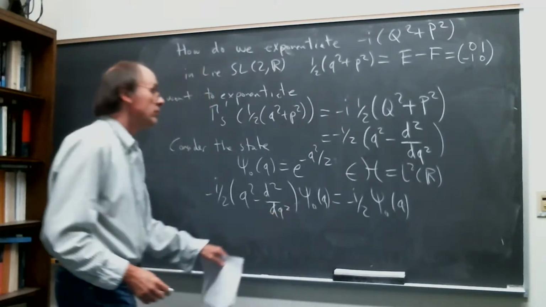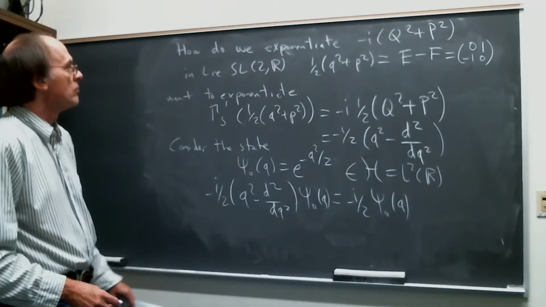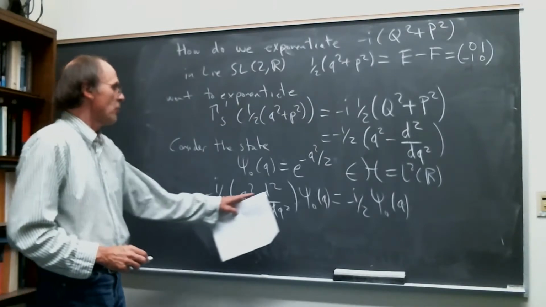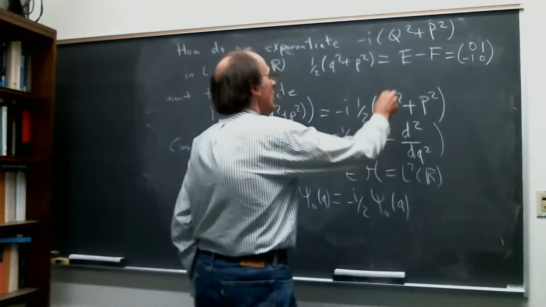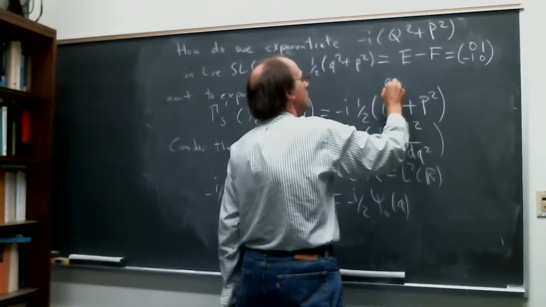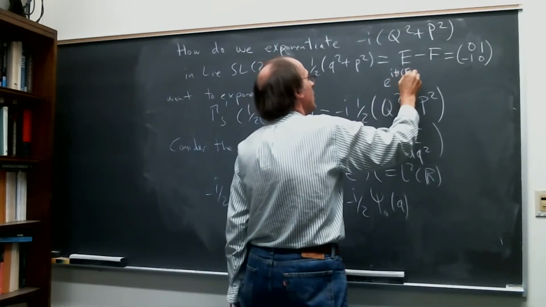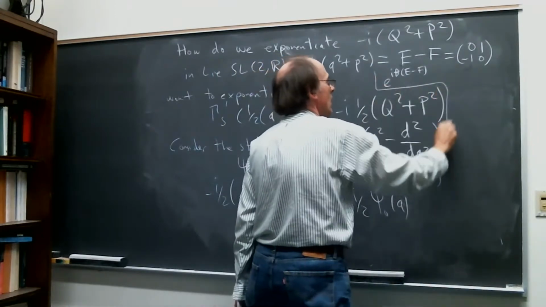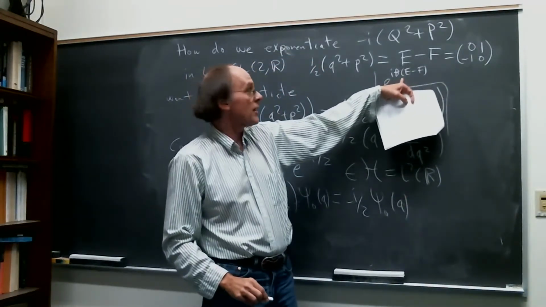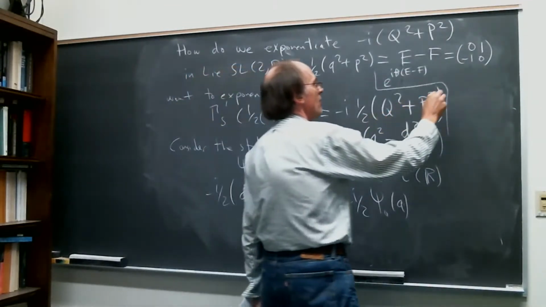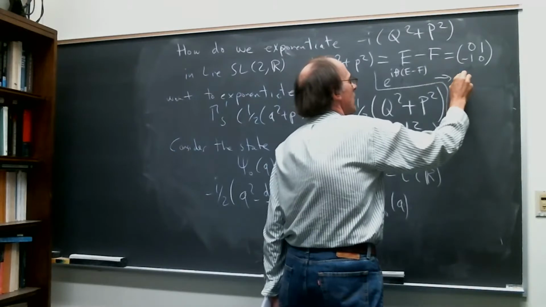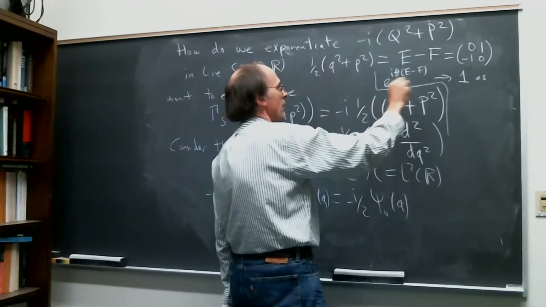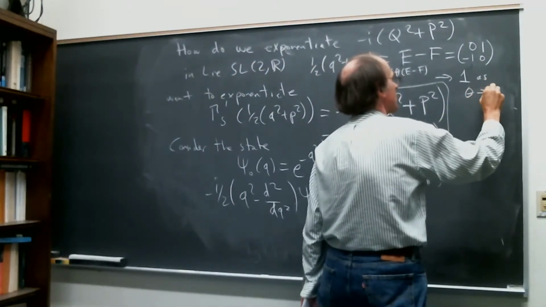Okay, but the problem that you're going to find is that if you exponentiate this guy, taking e to the minus f theta, this goes to the identity as theta goes to 2 pi.